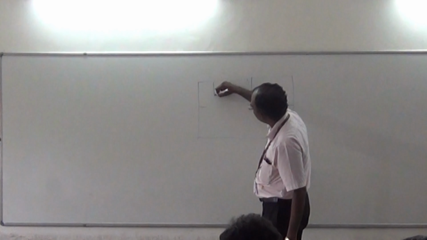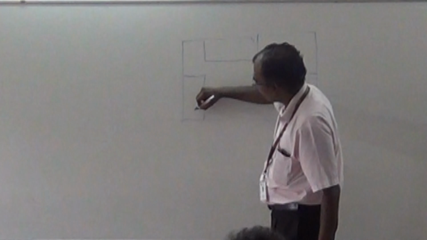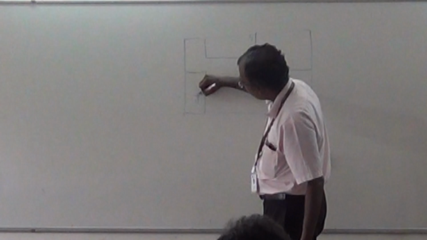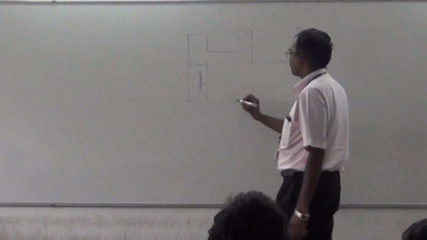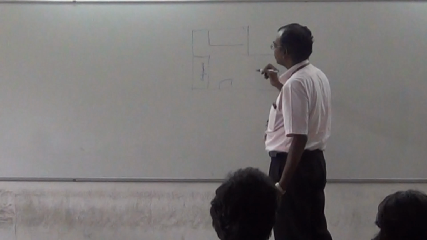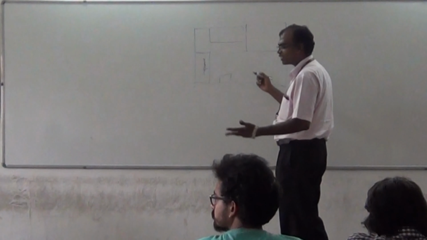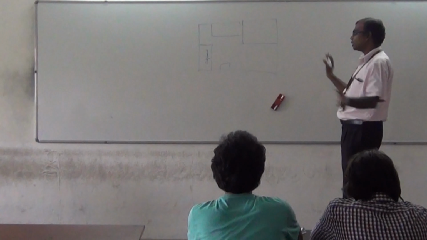I am going to presume that the bed is going to come here. Here I can keep a built-in cupboard. Then after the cupboard, I am going to have some area for study, maybe a table. A television, whatever you want, we can put it in. So this is the concept of our room.